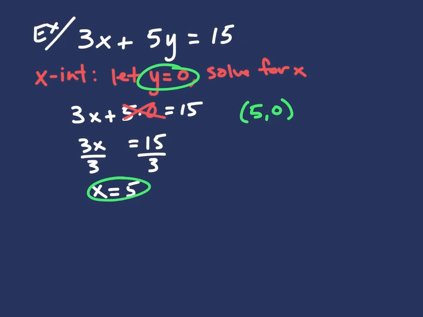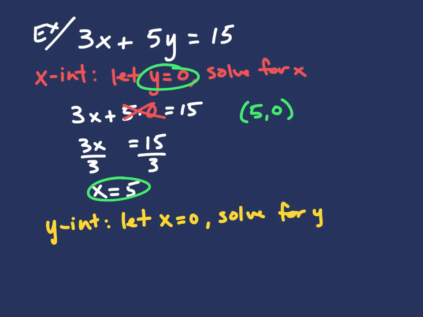Now for the y-intercept, we would do the opposite. We would let x equal 0, and then we would solve for y. So if we take our equation and do 3 times 0 plus 5y is equal to 15, 3 times 0 is 0.